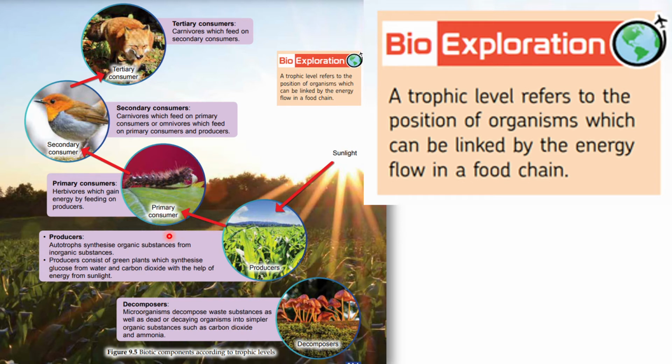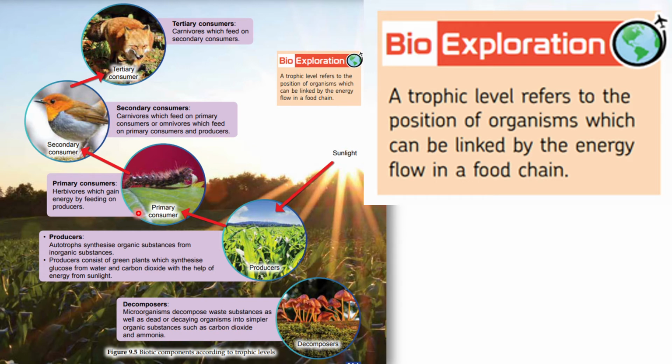So the anak panah here, this arrow means primary consumer is consuming producers. Ataupun dalam cara kata lain, kita kata this producer ini dimakan oleh primary consumer. So who are primary consumers? They are the herbivores yang makan tumbuhan sahaja which gain energy by feeding on producers.